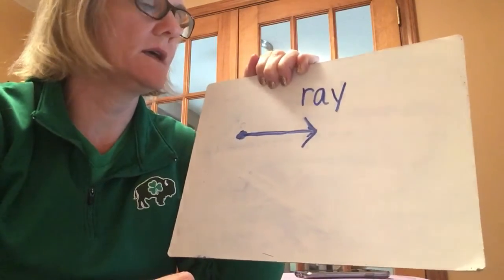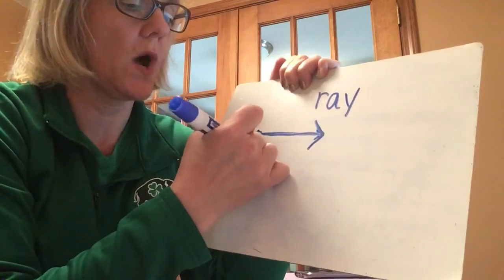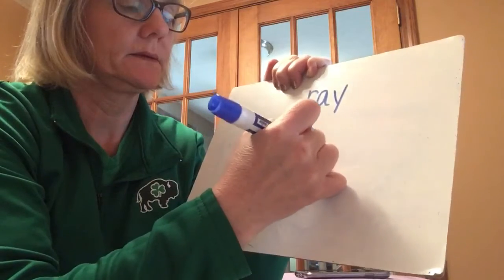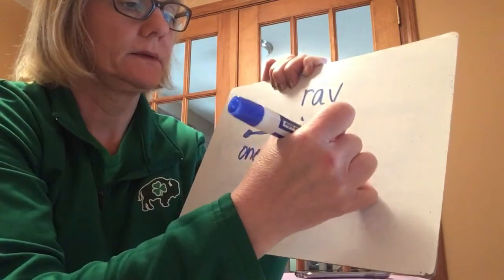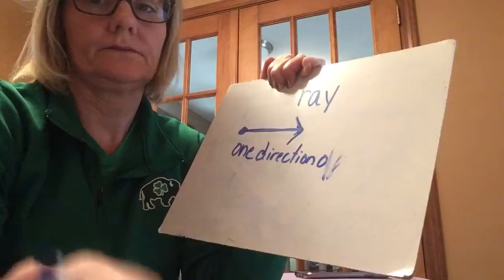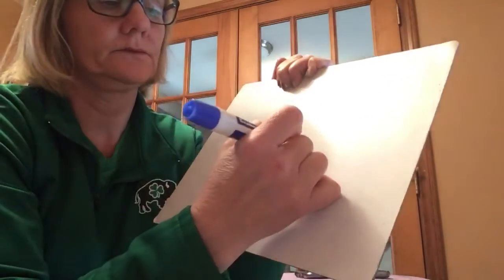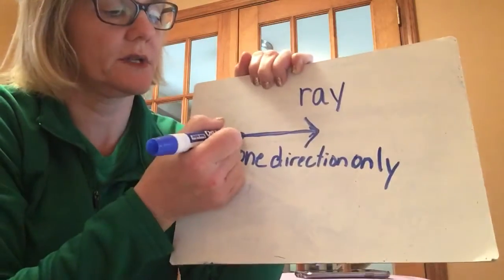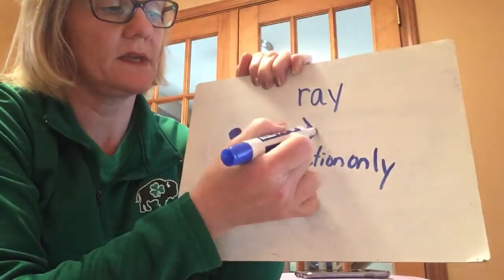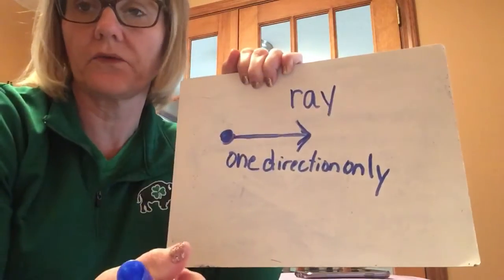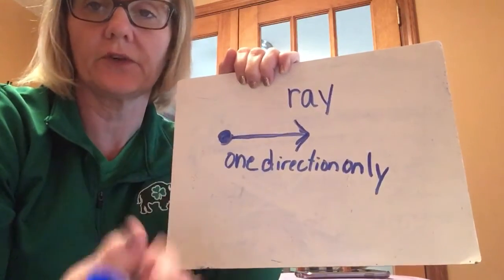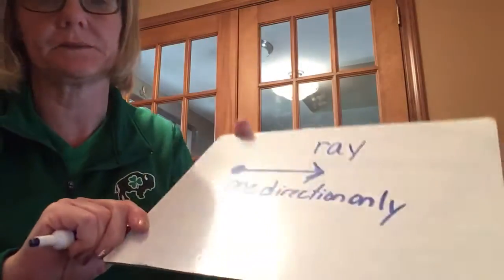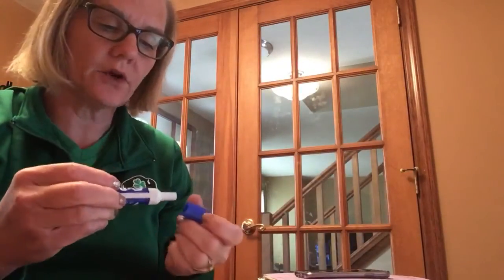It goes on in one direction only. So that's the ray, because there's an endpoint here, but then the arrow is telling you that it's going this way forever, for an infinite amount of time, until something gets in its way to stop it. Okay, those are quick notes for you.